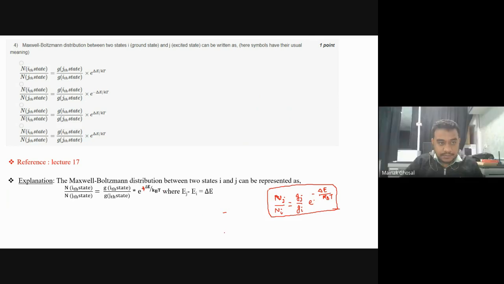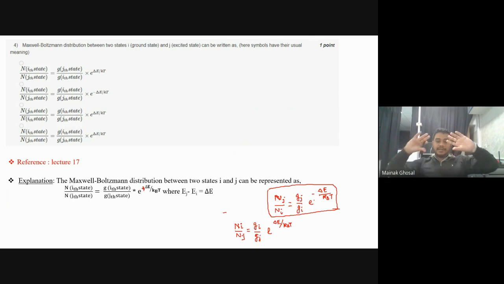So what should be your Ni by Nj? This will just get reversed. So it will be your Gi by Gj e to the power delta E divided by kBT.